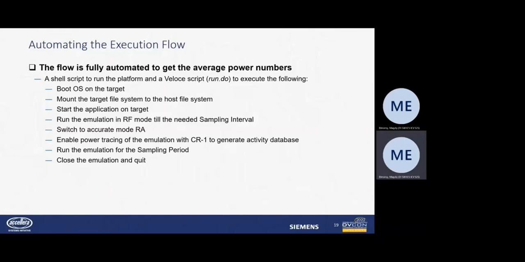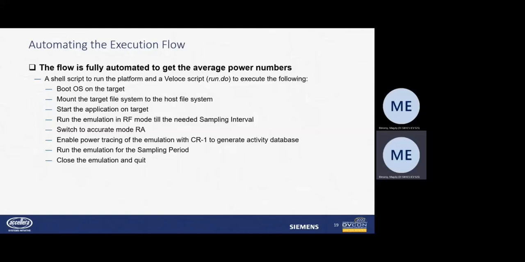It runs the emulation in run fast mode until we reach the sampling interval. Then it switches to accurate, which is the RTL model of your design. Then it runs with the capture ratio of 1, capturing every cycle for a sampling period. Then it generates a hardware tracing database, which contains all the activity of the circuit.